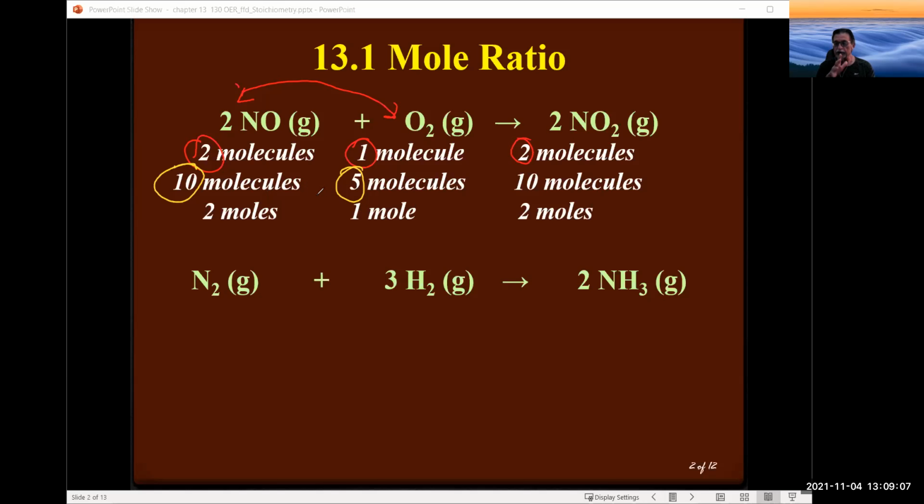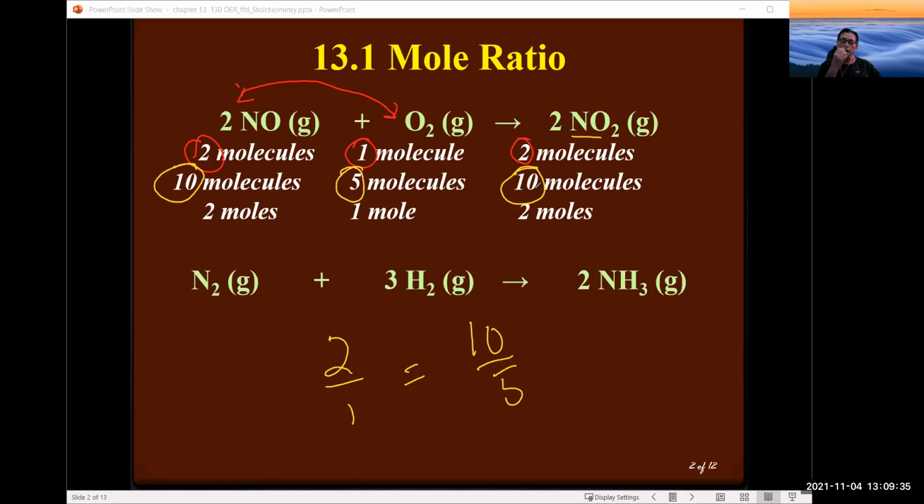And see, that ratio is still maintained. A 2-to-1 is the same thing as saying 10/5, okay? That ratio is maintained. The magnitude of the numerator and denominator has just changed proportionally, but it's still the same ratio. All right, and then what that tells me is that I would create 10 molecules of nitrogen dioxide.